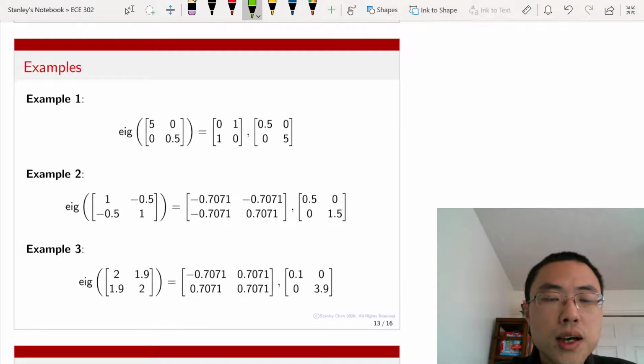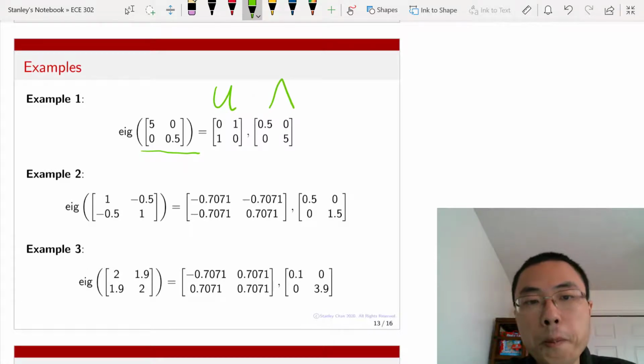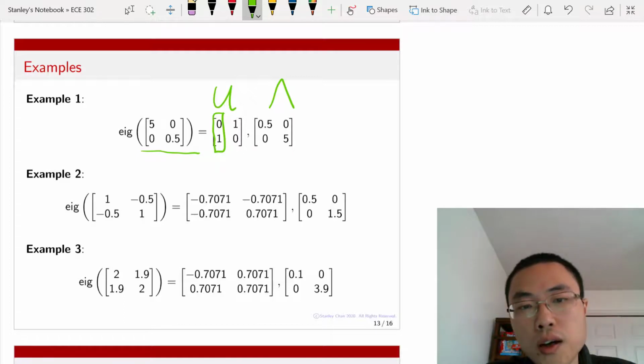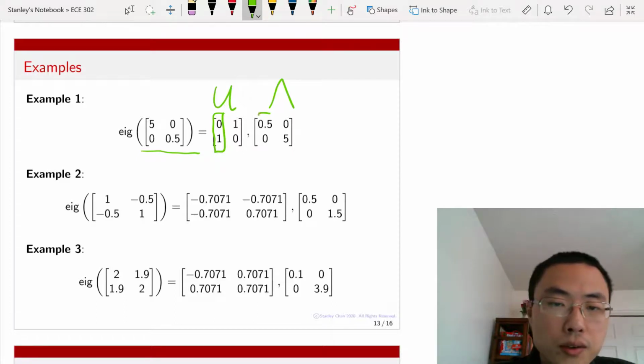If we run the eigendecomposition of this matrix, we will be able to get this u and this lambda. The u here is 0, 1. This one is 1, 0. So how do we understand it? This is the first column, and this is the first eigenvalue.